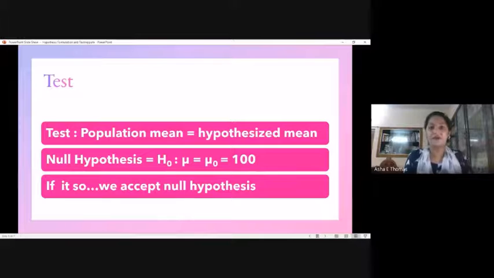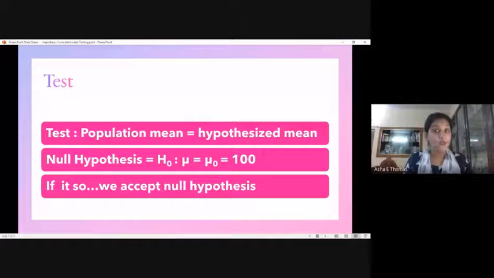When we are testing it, we are just finding out the mean of the population as well as the mean of the sample. Say, for example, I want to know the average mark percentage of students in our college, St. Paul's College, and I call that 80, that is, 80%.